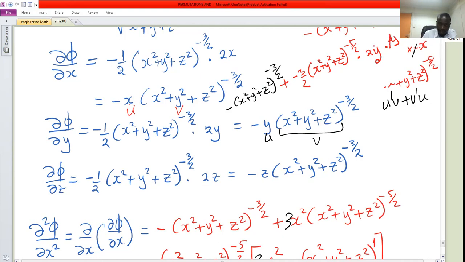So this minus sign and this minus sign cancel. These two and these two cancel. So this part will be now y times y, and then by 2, you get 3y squared. So that will have negative into x squared plus y squared plus z squared raised power minus 3/2.